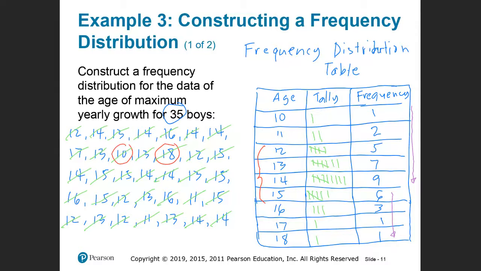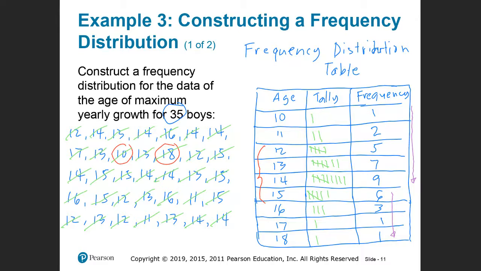So you can make your own format, but this is the typical format for constructing a frequency distribution table. So you have the items listed in column, and it should be arranged from smaller to bigger value. And then in the second column, you have the tally, and then you actually count that tally, and that would be your frequency for each row.